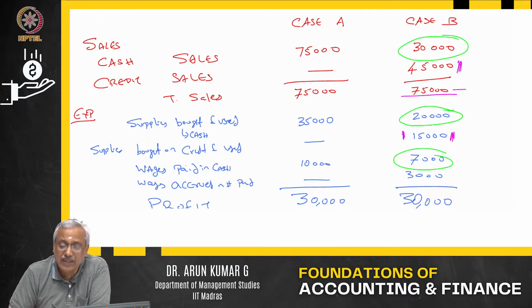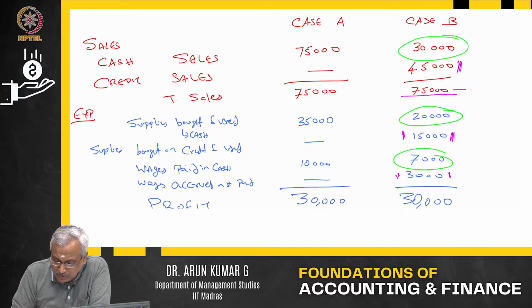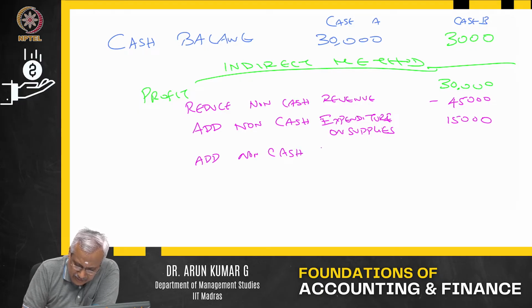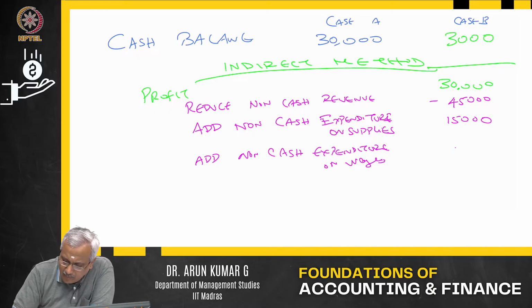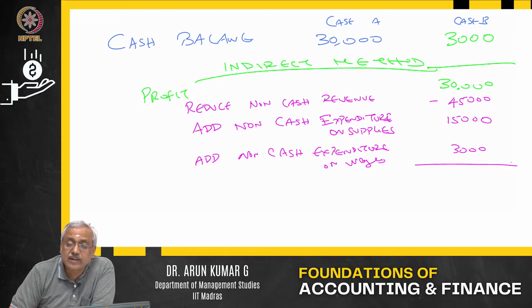Similarly, this 3,000 is again a non-cash expenditure. You have not paid, but you have reduced it to get 30,000. So I add non-cash expenditure on supplies, 15,000, and add non-cash expenditure on wages, 3,000.